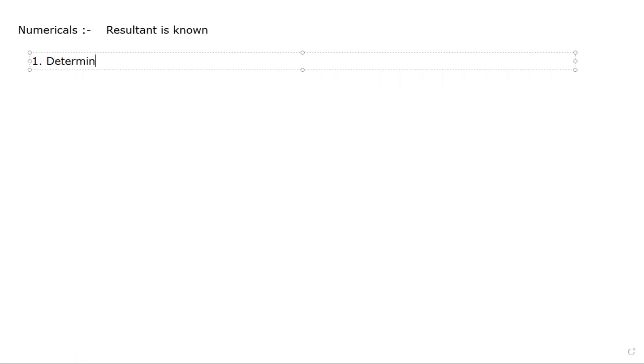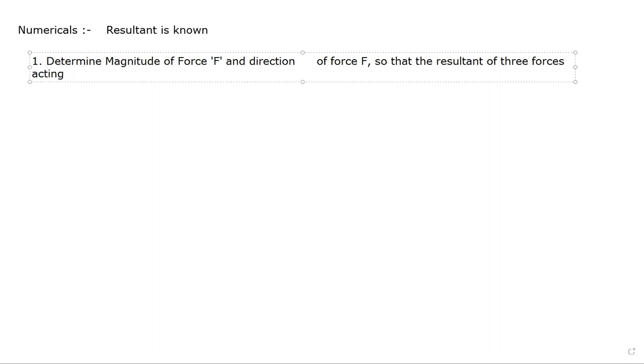Determine the magnitude of force F and direction theta of force F so that the resultant of three forces acting on hook is 0.